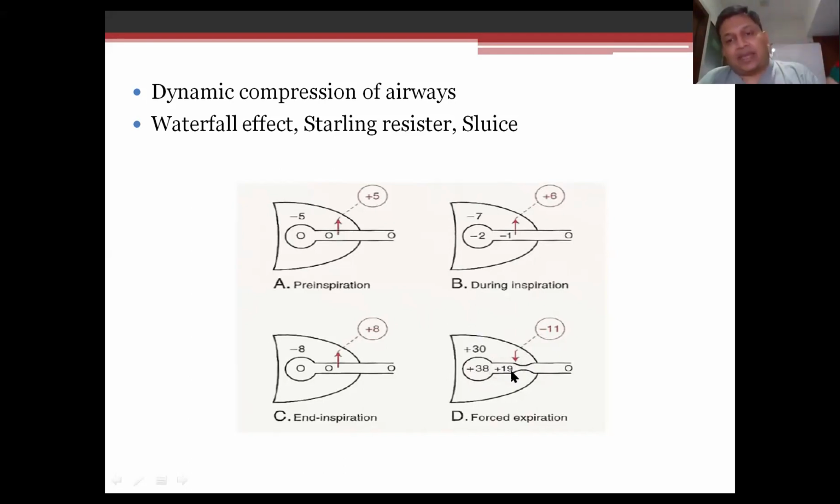This will explain later that if we have to give oxygen support or intubate a patient with a collapsed or obstructive airway, we have to give some positive pressure to overcome this minus 11, which is just an example, to positive. So if I give 11 PIP, then the difference will be 0, so my airway will be patent. Okay, this is just an example.